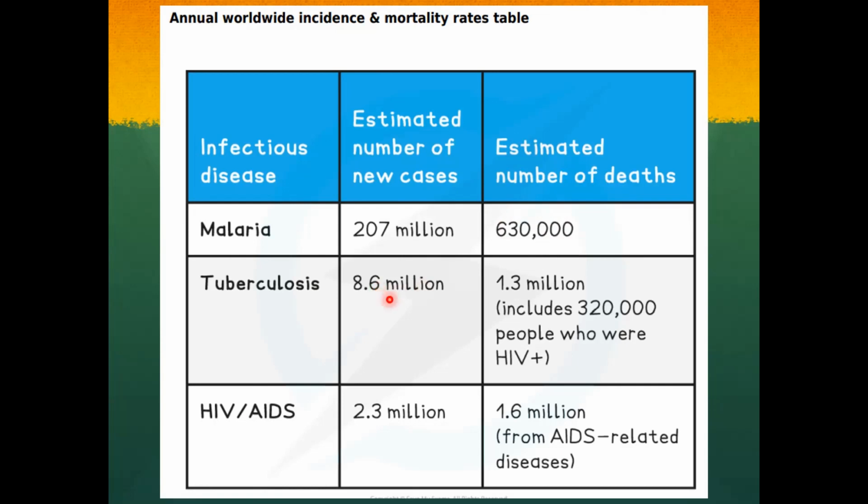Then tuberculosis is 8.6 million, but 1.3 million deaths, and within that, 320,000 are HIV positive people. Then HIV/AIDS is 2.3 million, and 1.6 million estimated deaths from AIDS-related diseases. So this is just for you to see the global impact of these diseases.